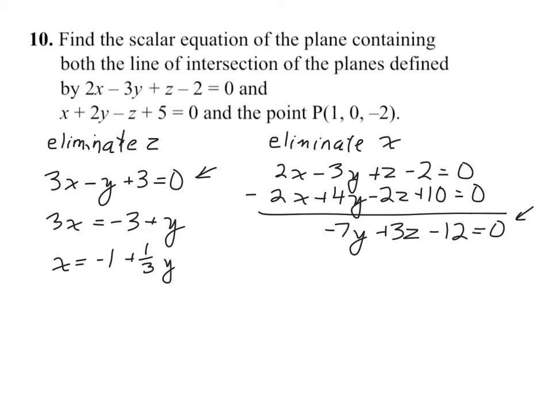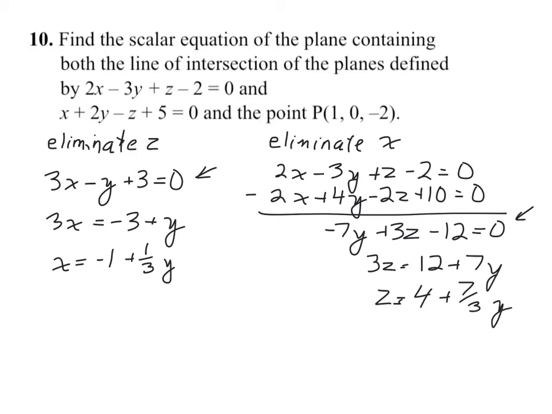And then with my other equation, I am rearranging for z, so I'll have 3z = 12 + 7y, or z = 4 + 7/3 y.